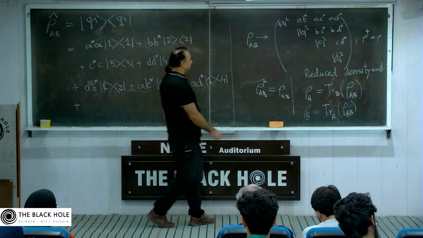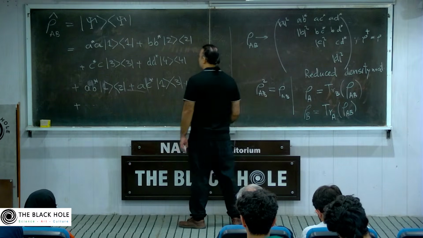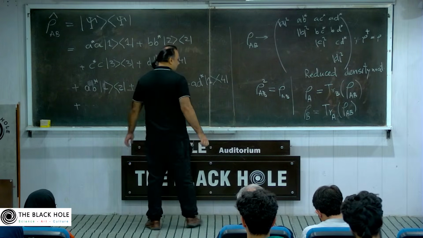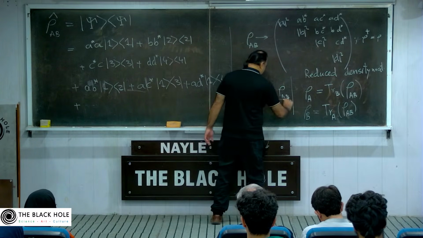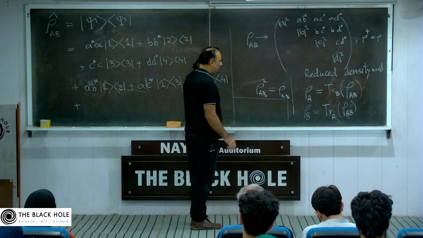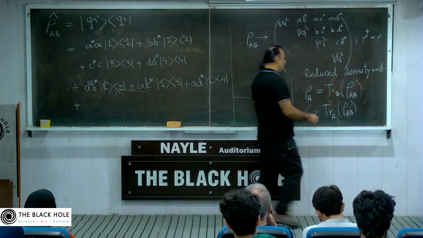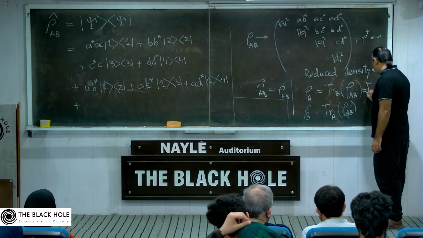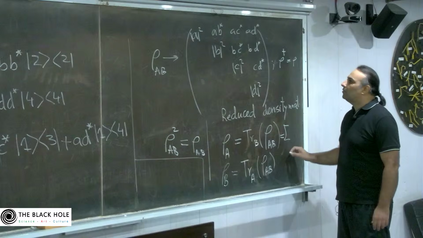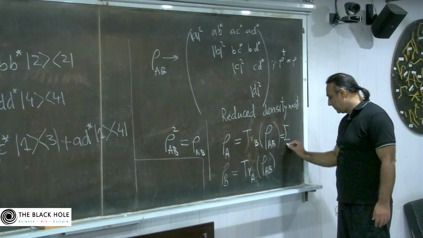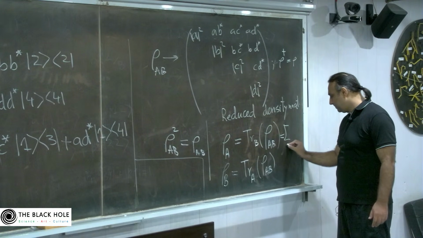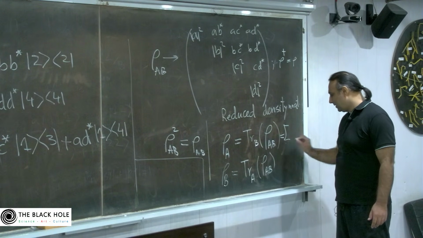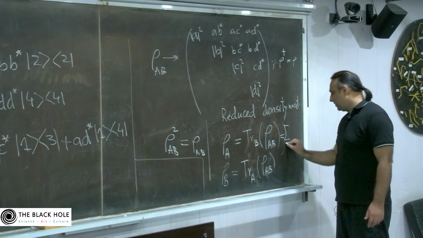Let me use this space here, and maybe we can expand this and call those states, whatever their name was, 1 and 2. Let's call them maybe sigma or some symbol.